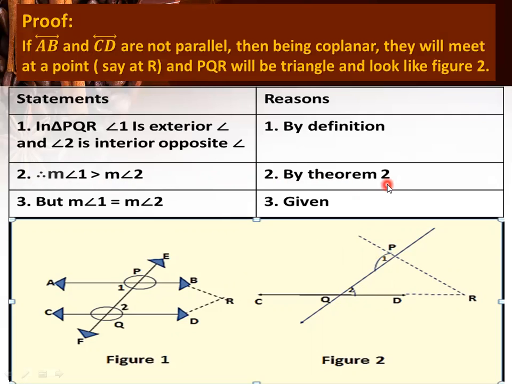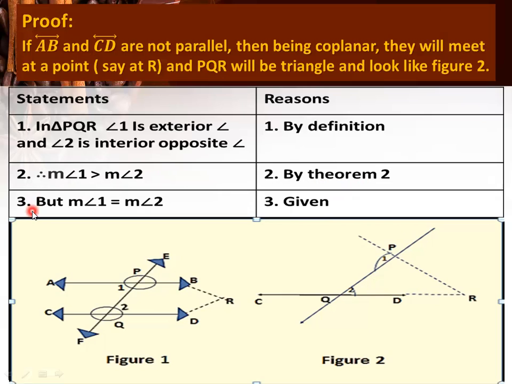We have learned in theorem number 2 that in a triangle, an exterior angle is always greater than the interior opposite angle. So here your exterior angle is 1, that's why it will be greater than interior angle 2.